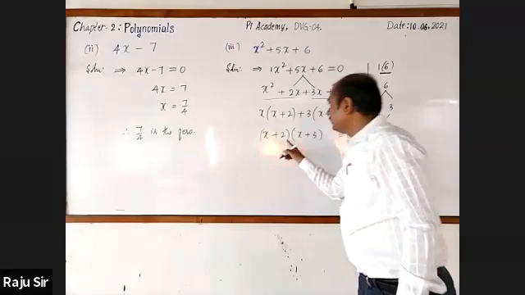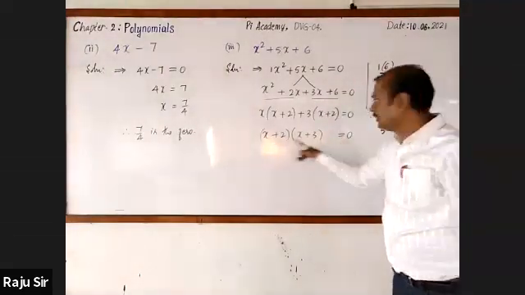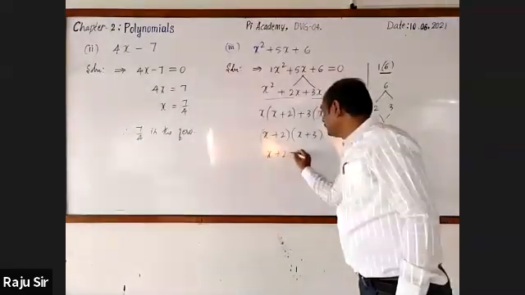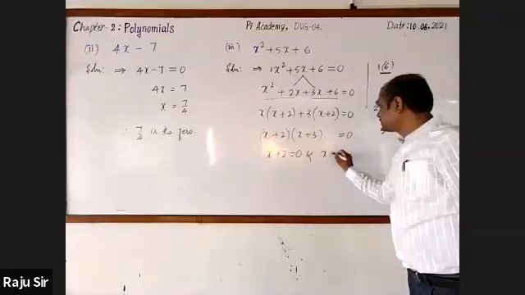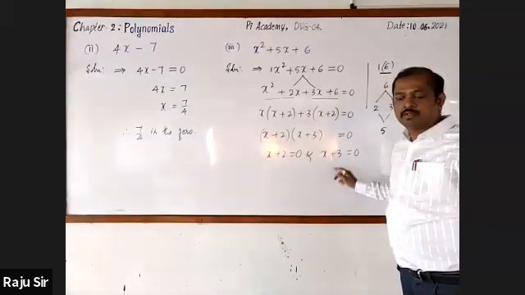And here, each of these two should be equated to 0. x plus 2 equal to 0 and x plus 3 equal to 0. Have you understood why each is equal to 0? Yes sir.